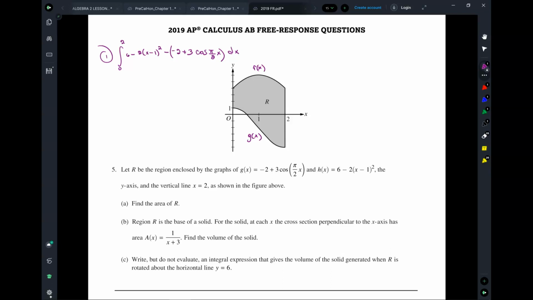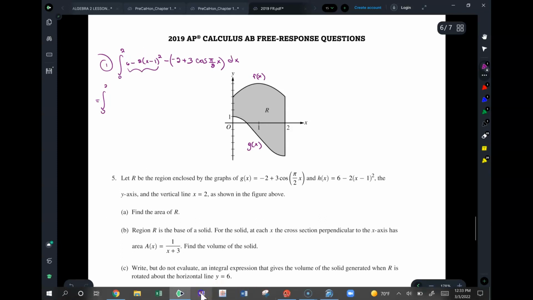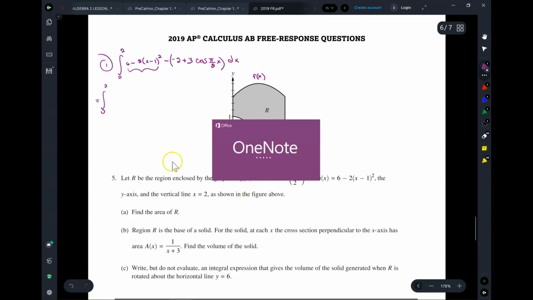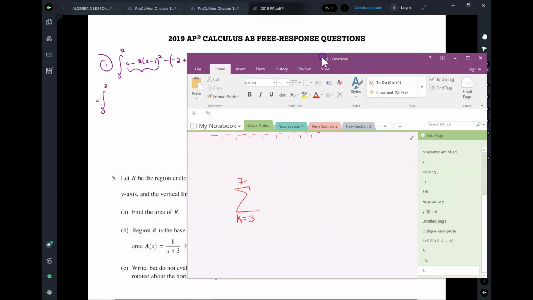Right? So let's see what this is. 0 to 2. So how much is that? Let's do that on our scratch paper here. The top is, sorry, did you mean to write f of x, or is it h of x? Oh, it's h of x, sorry.